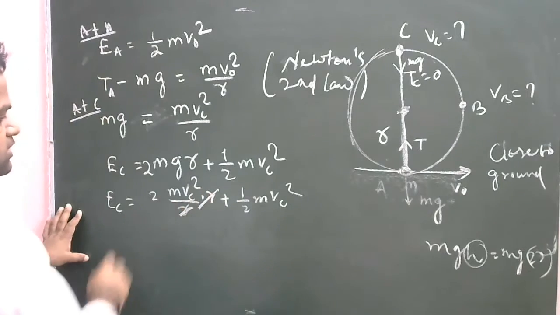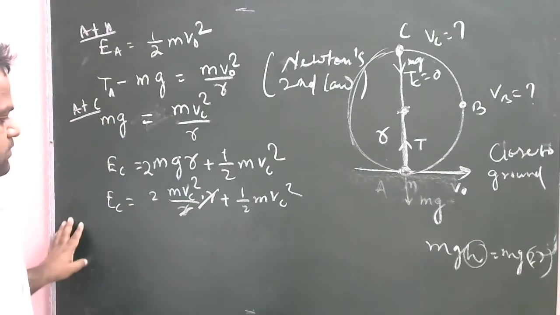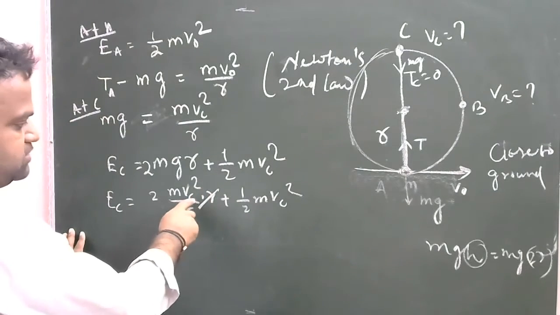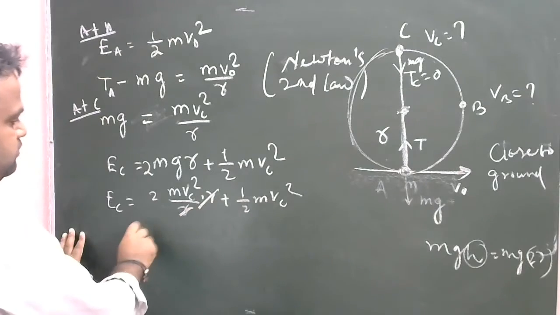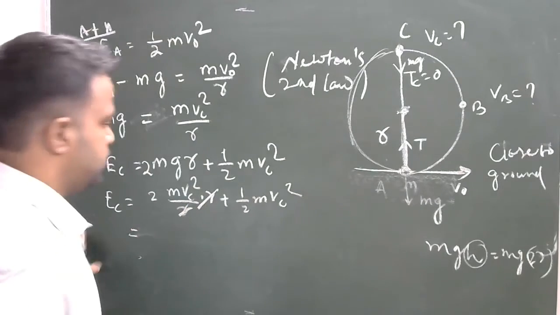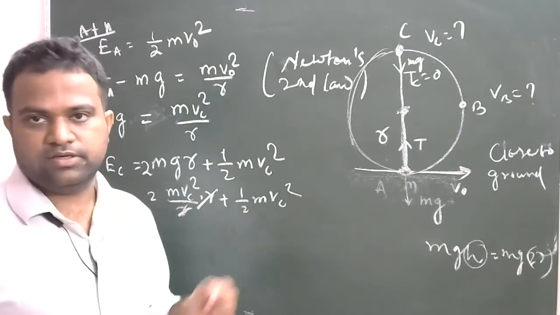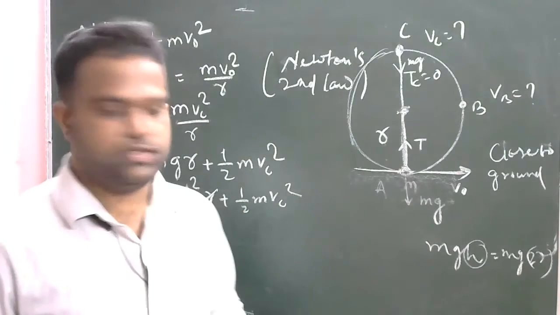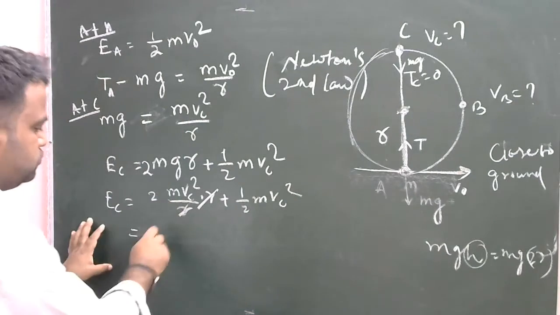So r gets cancelled, right? So mvc square, half mvc square, what will happen? 2 mvc square, 2x plus half x is 5 by 2x.